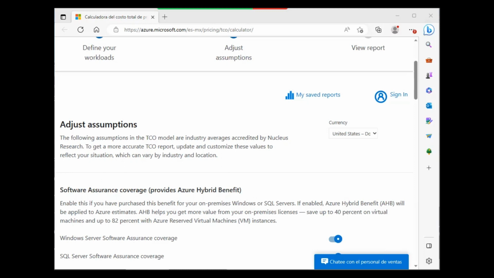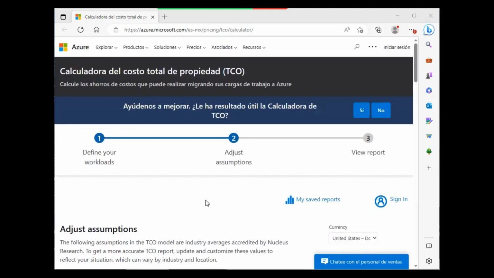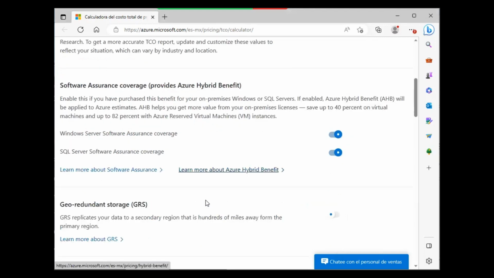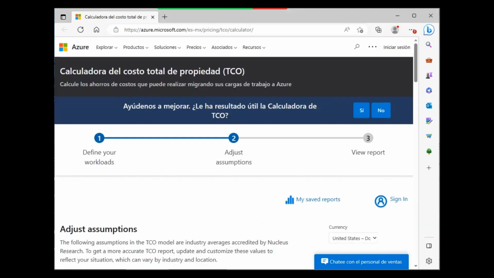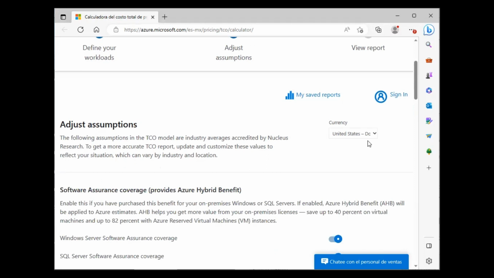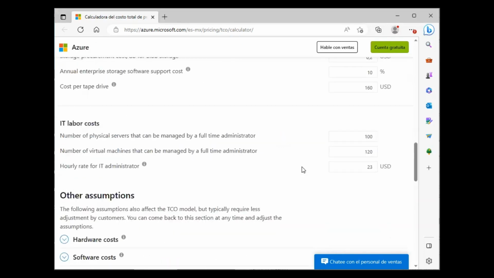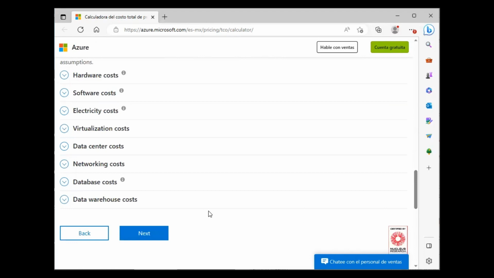At the top of the page, select your currency, in this case dollars. Select next.